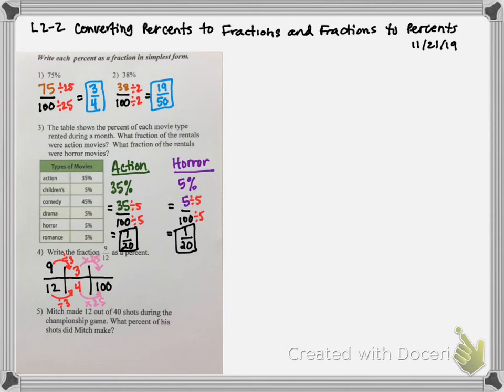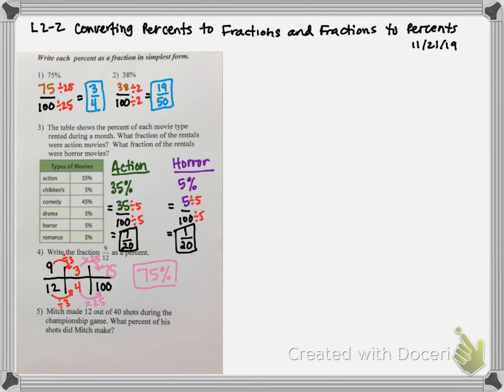And that's going to end up giving me 3 times 25 is 75. So the fraction 9/12 as a percent is 75%. Okay, remember, I write the number and then I add the percent symbol. So that's me saying percent differently than divide by 100. Now it's that percent symbol.